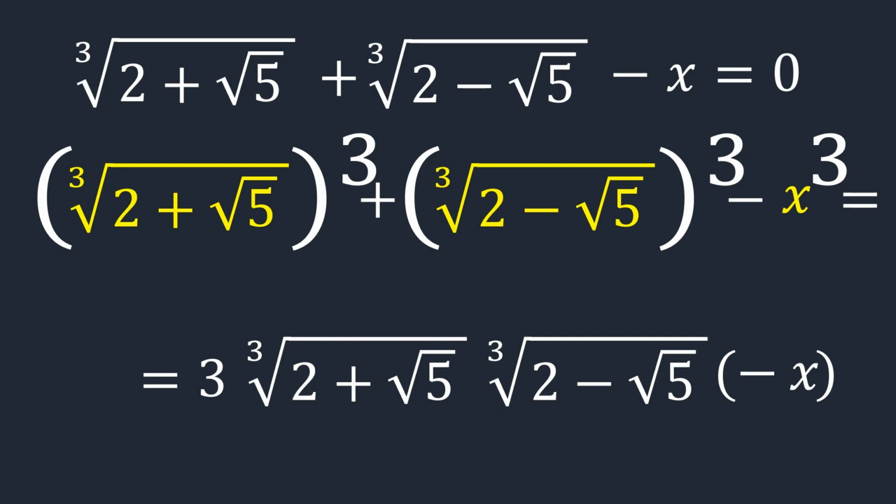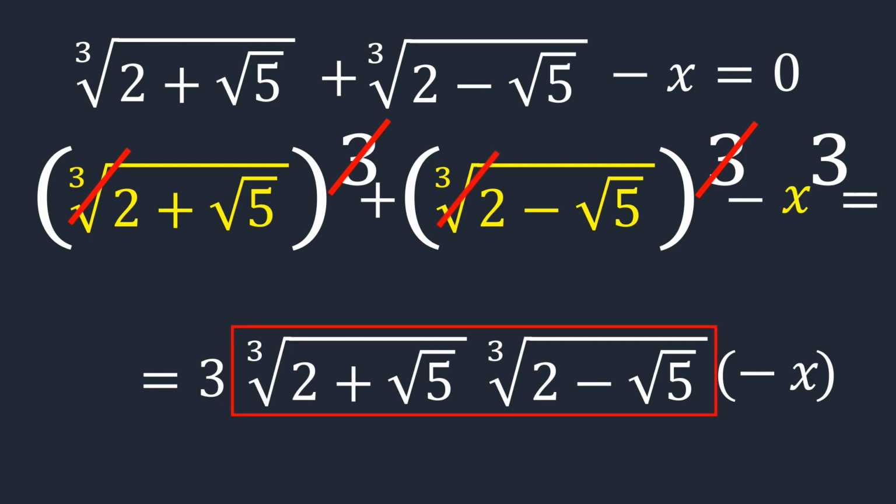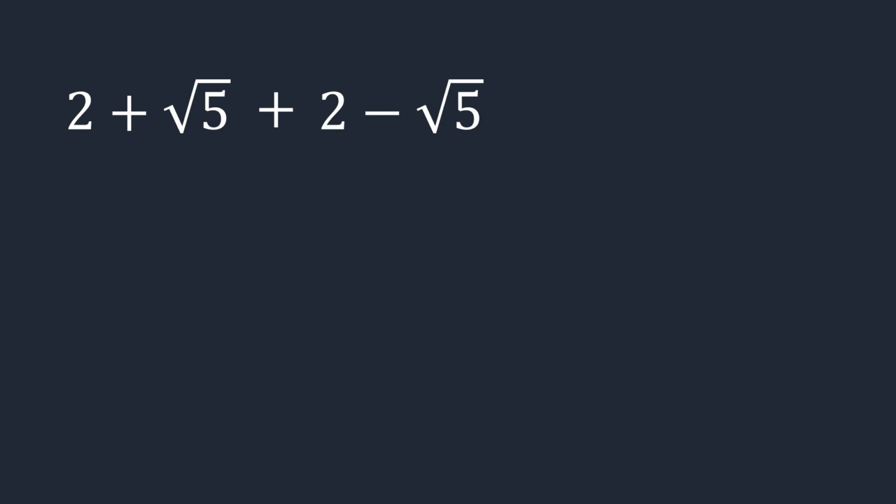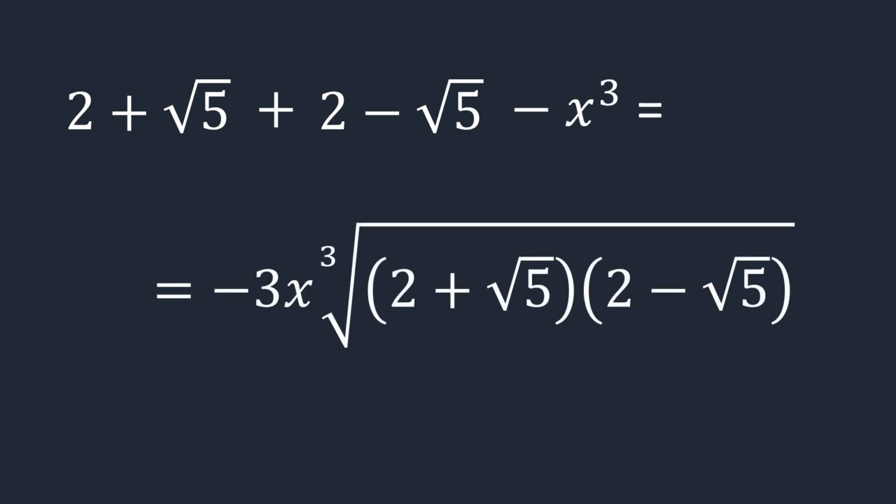Now let's simplify everything. Here, the cube cancels the cubic root. And here as well, the cube cancels the cubic root. And for this expression, we can write everything under one cubic root. With simplified terms, we will have 2 plus square root of 5 plus 2 minus square root of 5 minus x cubed is equal to minus 3x times the cubic root of this expression.